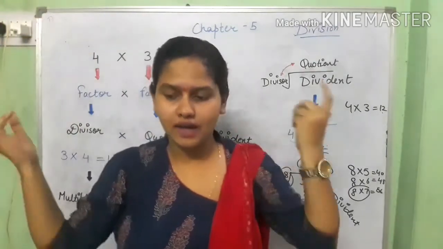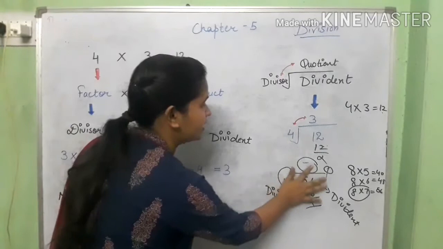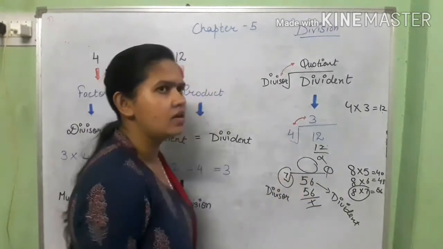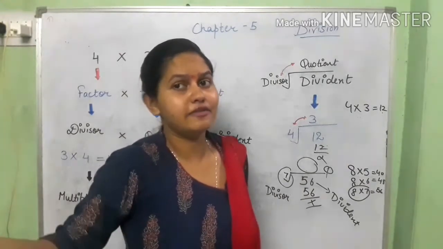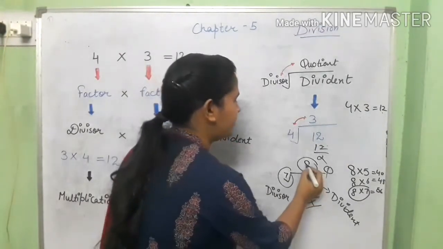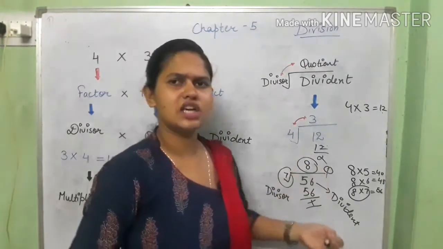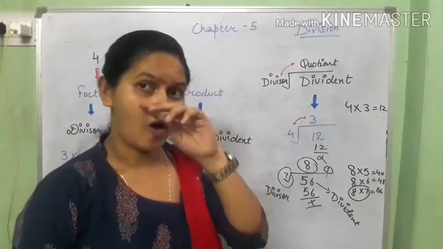If I take 8 here, then on the 7, where does 56 come? On the 8, 7 8s are 56. So I will take 7. So it's just a change of place.